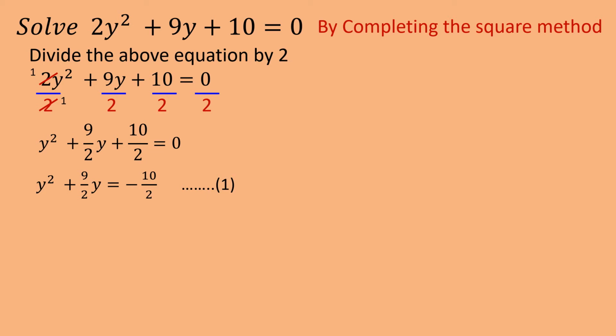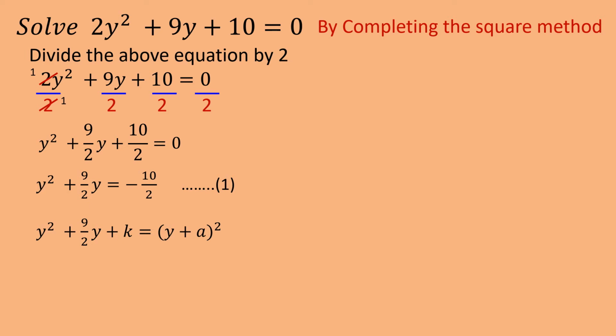Please keep in mind, we have to find out that constant term which is missing from the left hand side. So let us assume that as k. Y square plus 9 upon 2y plus k, the constant term, which also will be equal to, as you know, completing the square. So y is the variable used in the given equation, plus a whole square, y plus a whole square, because what is your method?